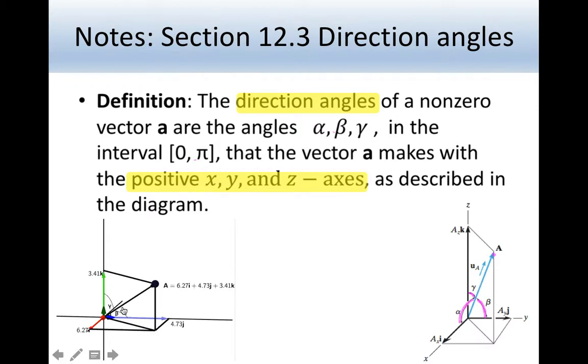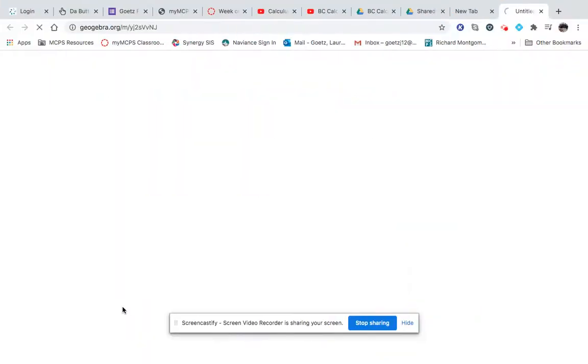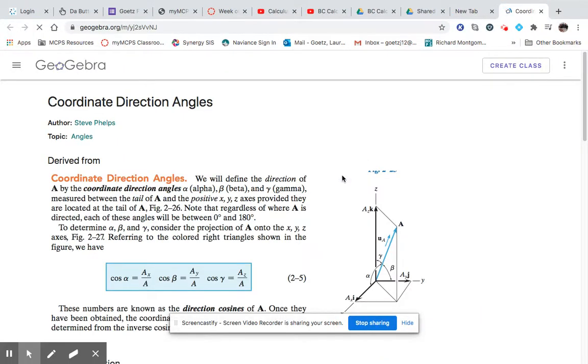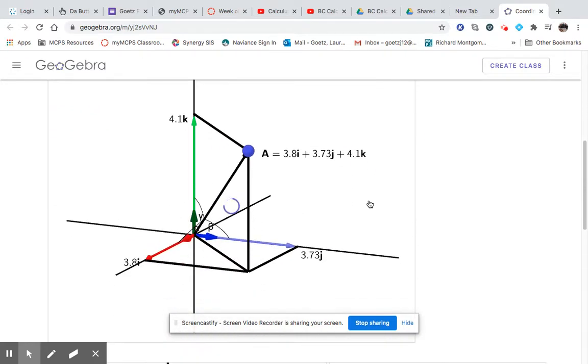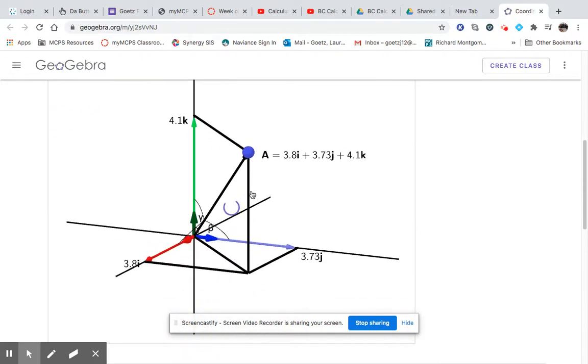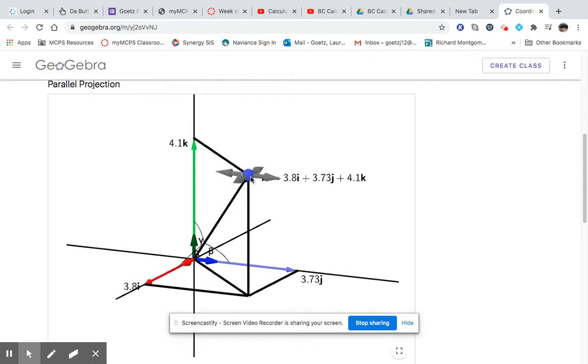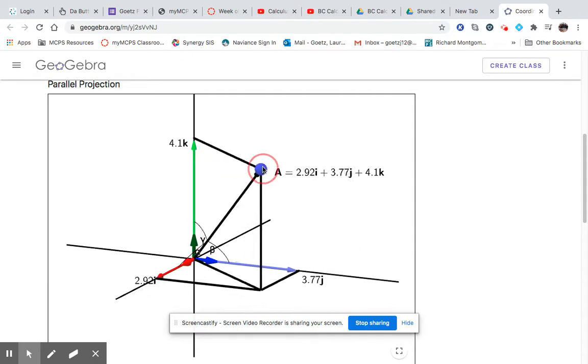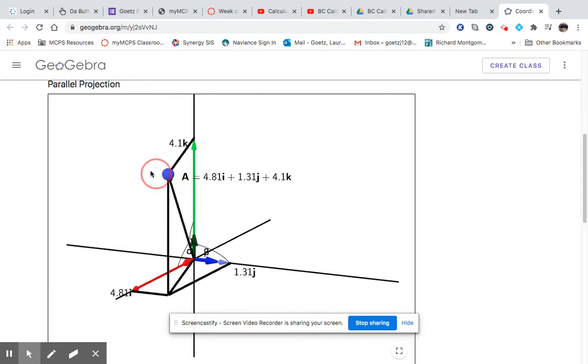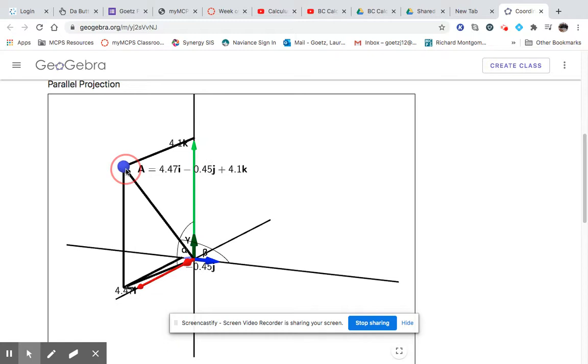This GeoGebra applet isn't 100% great, but you can see this is where I got my picture from. I do like the fact that I can drag this around and show you the direction angles as I move this.